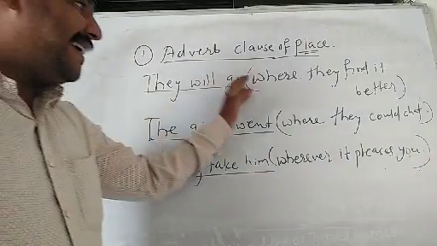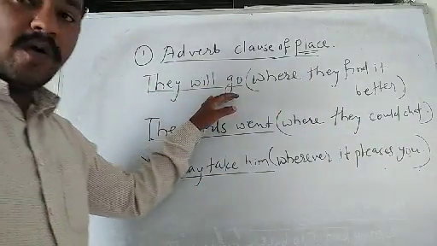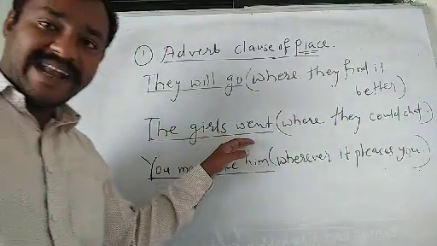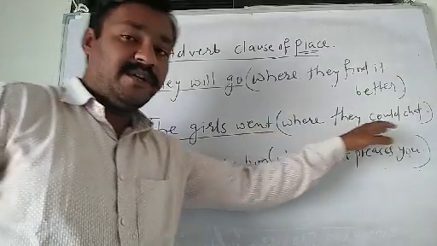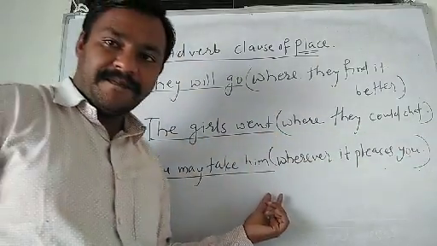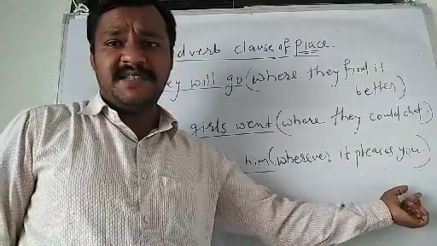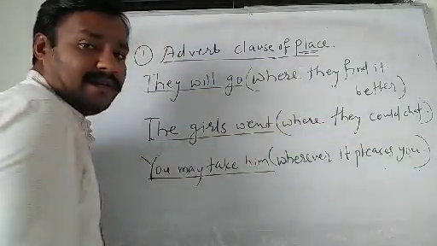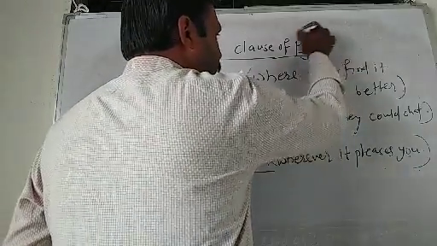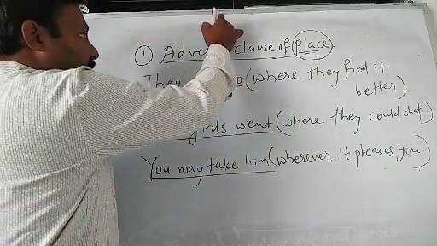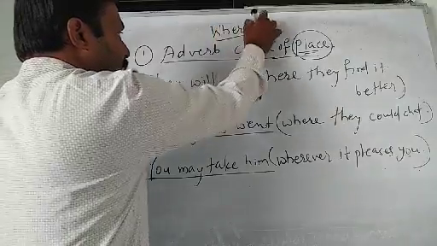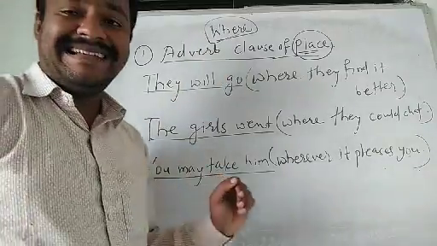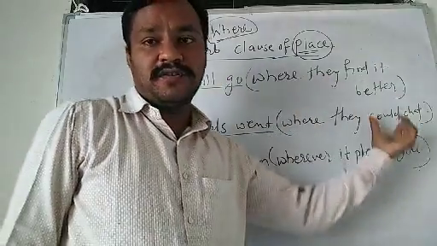So they indicate place. They will go where they find it better. The girls went where? The answer is where they could chat. You may take him wherever it pleases you. So these subordinate clauses are giving information about place, and if we ask a question with the help of where, we will get the answer of adverb clause of place.